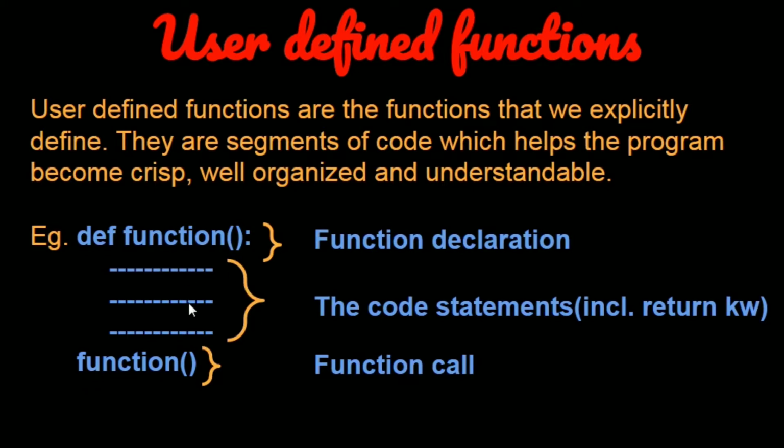For example, let's take the previous one. You are about to find the mean of the numbers in a list. Let your function name be def mean, okay? So whenever you come back to this code, or whenever you are showing it to somebody else, they can automatically understand what is going on inside the code.